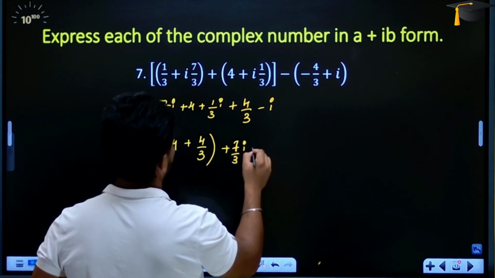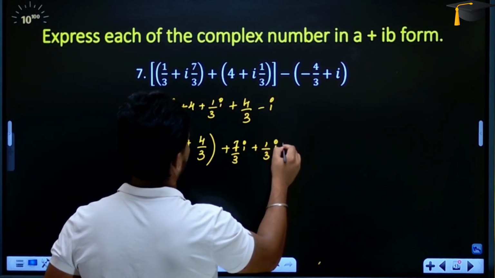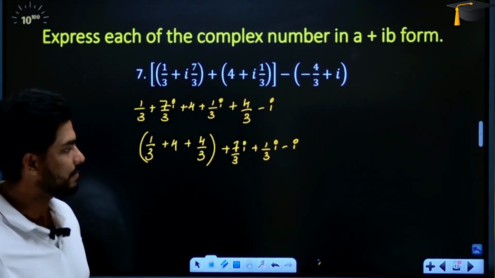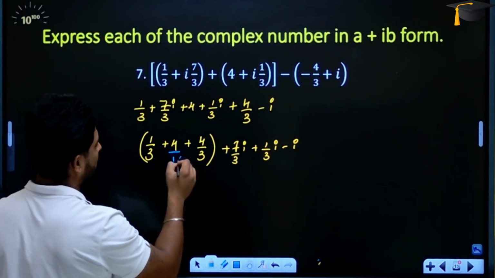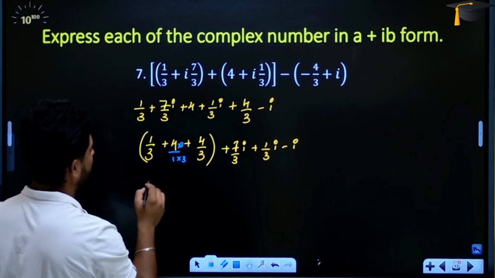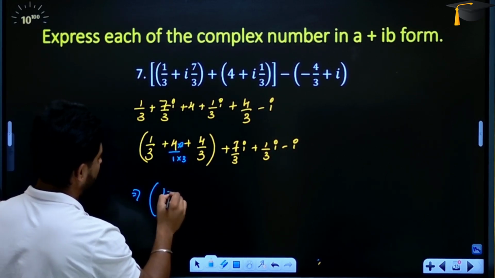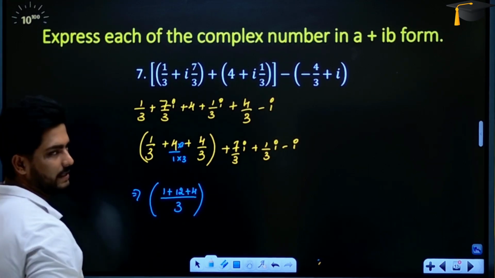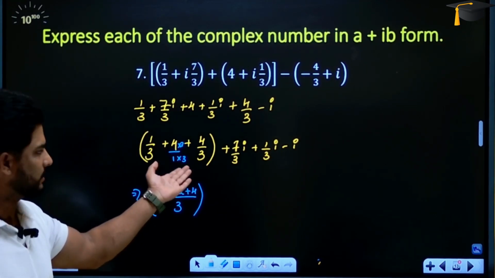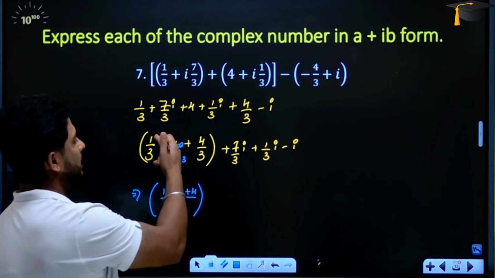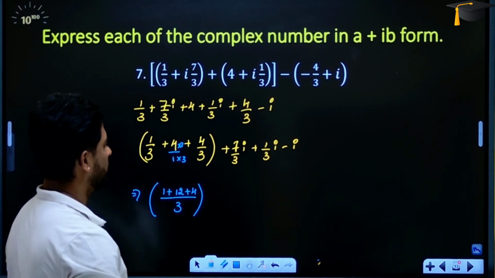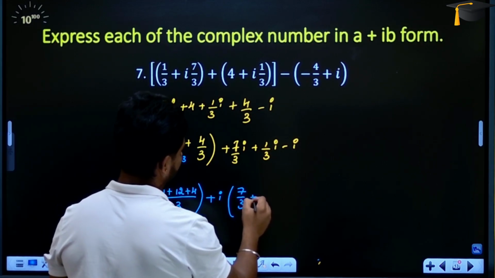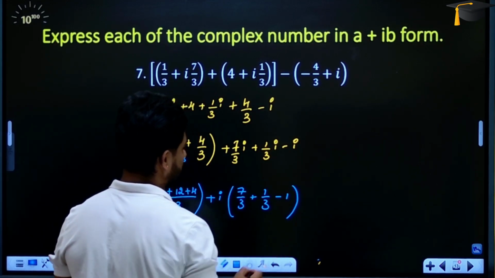7/3 i plus 1/3 i minus i, let us write like that. Okay, now in the real part we can take a common denominator. If we take 1, here we need 3, so we multiplied. So it becomes 1 plus 12 plus 4 divided by 3. Okay, LCM calculations and the fraction calculations I just did: I multiplied 3 and 3 for both numerator and denominator. Now here if we take i common, it is 7/3 plus 1/3 minus 1 remaining.